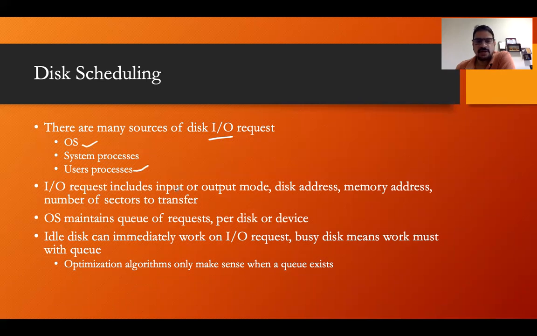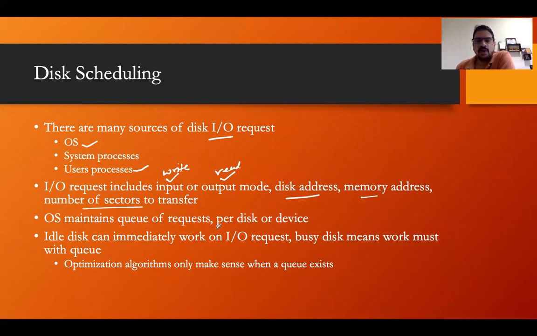The I/O request includes input and output mode, meaning it is either writing into the drive or reading from the drive. For that we need the disk address, memory address, and number of sectors to transfer, right?